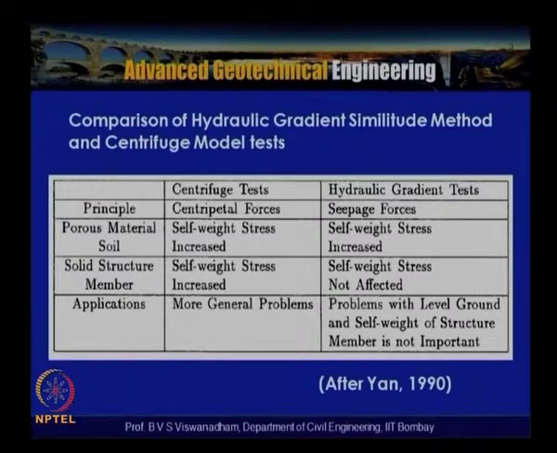Similarly, problems like a footing subjected to eccentric loads on level ground can be studied using the hydraulic gradient similitude method. So this particular slide gives a comparison of the hydraulic gradient similitude method and centrifuge model tests.